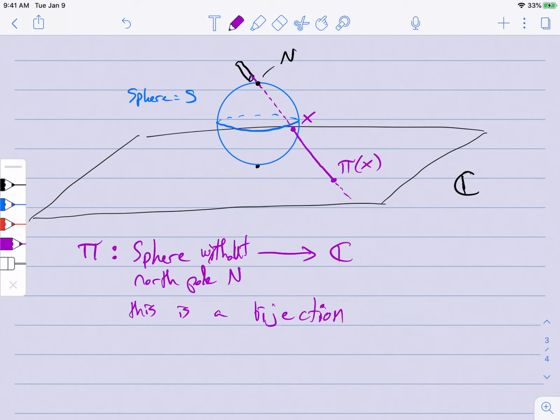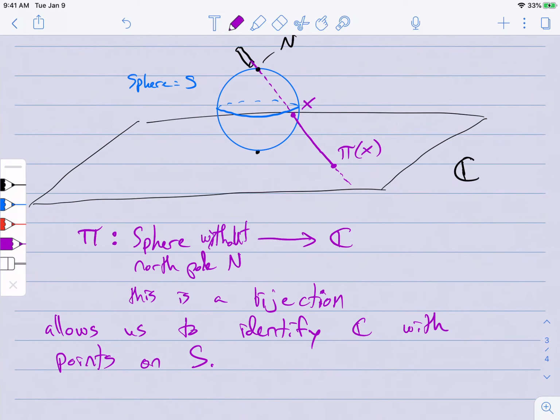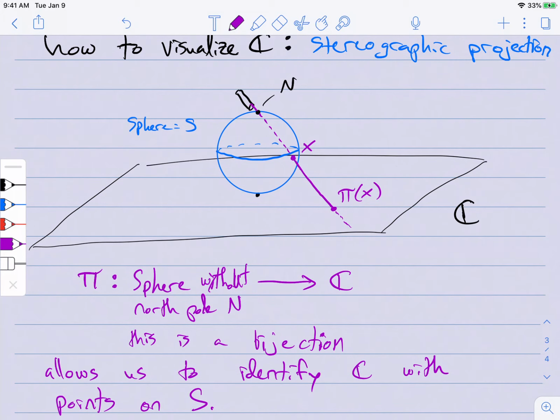Okay, and so this allows us to identify the complex plane C with points on the sphere, right? And now what you see is, notice that if x gets closer and closer to the North Pole, so if I move x up to the North Pole, then to make my laser go through that new point, I have to rotate it down.